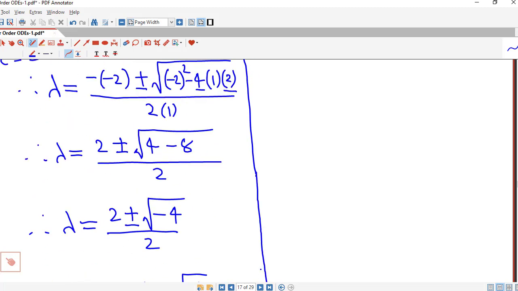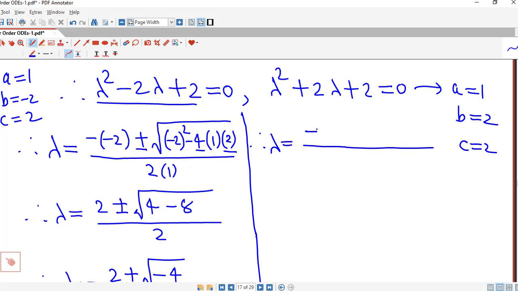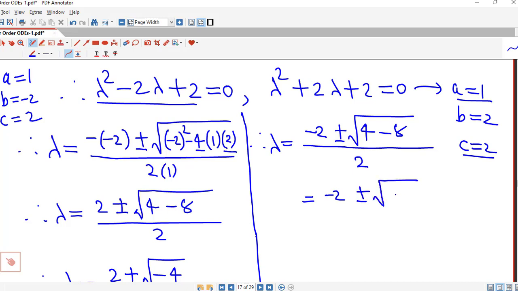Now we solve another quadratic equation using the same process. For this equation a is 1, b equal to 2 and c equal to 2. So λ equals minus b, meaning minus 2, plus or minus the square root of b squared, meaning 4, minus 4ac, which we write directly now, divided by 2a. This is going to be minus 2 plus or minus the square root of minus 4, over 2.